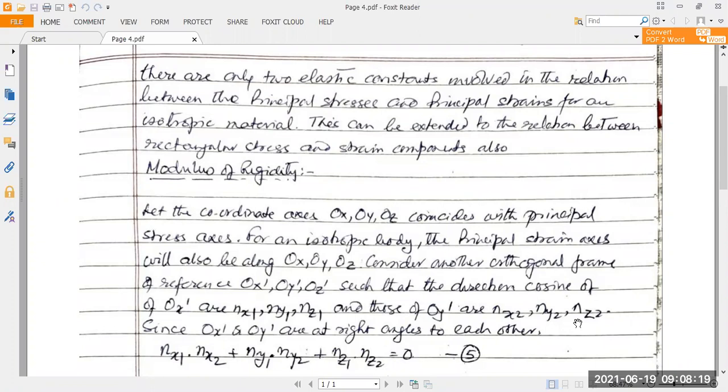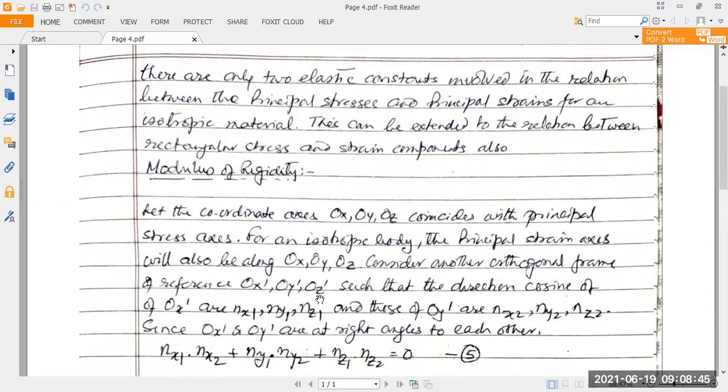So here we consider another orthogonal set OX dash, OY dash, and OZ dash with the same origin at O, where OX dash is shifted by a certain amount from OX, OY dash from OY, and OZ dash from OZ.